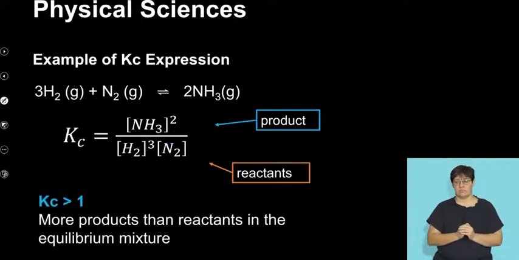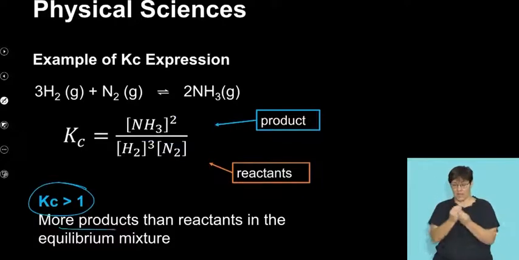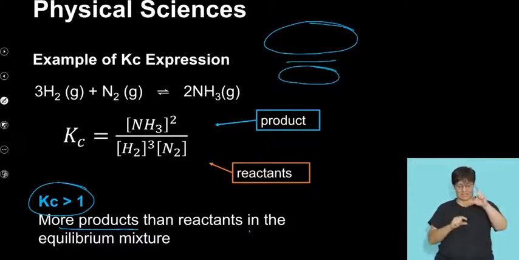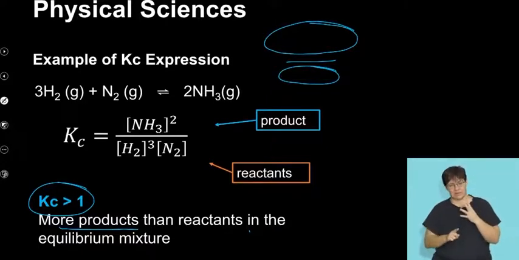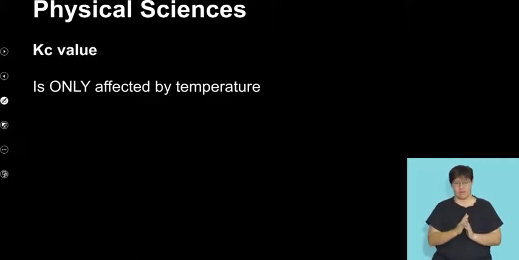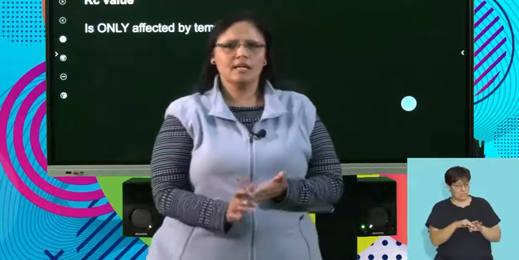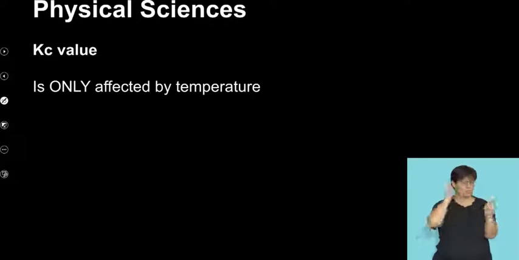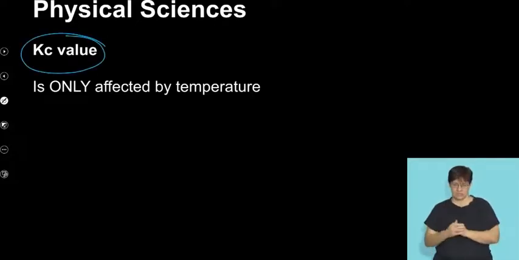When Kc has a value of bigger than 1, we know that we have more products than reactants, so we have a big numerator over a small denominator, actually ending in a number bigger than 1. Then again, I just want to stress that the Kc value is only affected by temperature. Only when temperature changes, our Kc value will change.